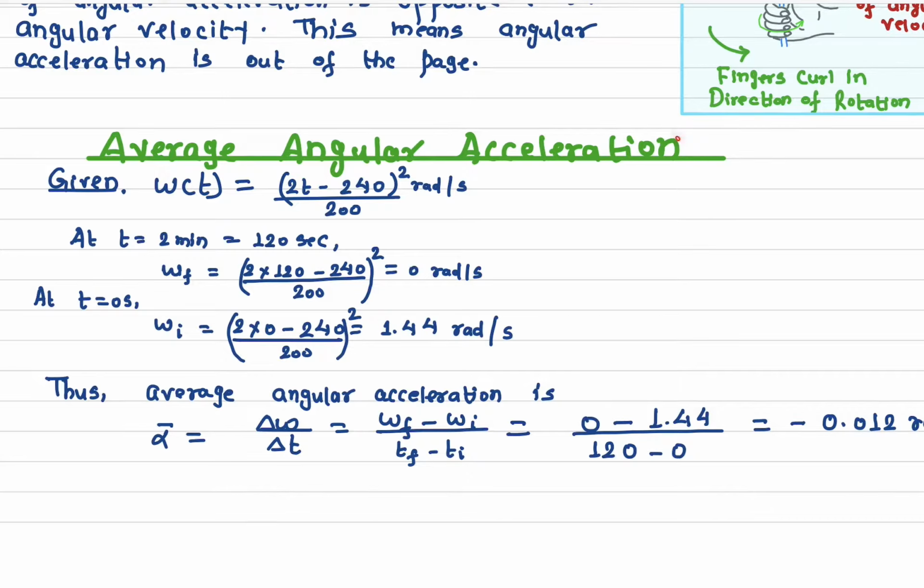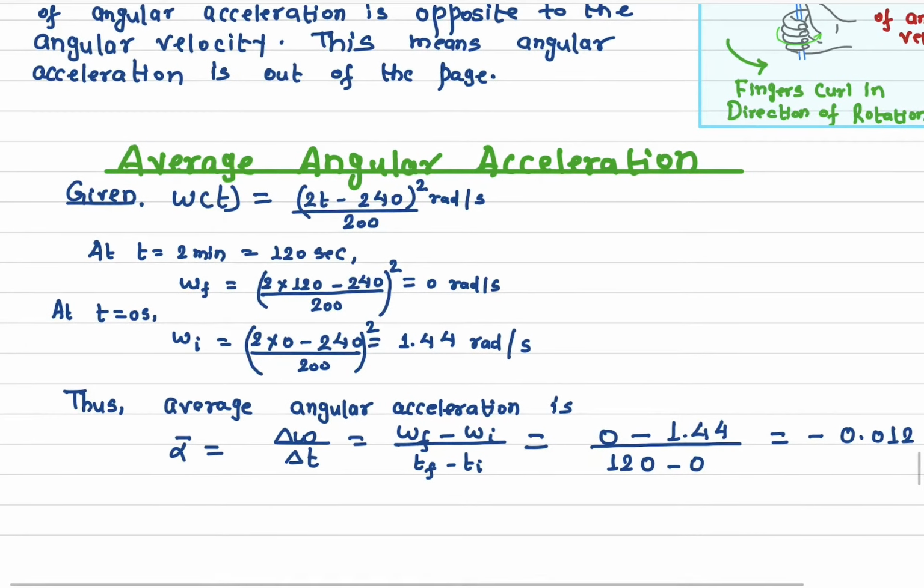In order to calculate average angular acceleration, you need to know the final angular speed and the initial angular speed. We know the final angular speed because the turbine has come to a full stop, so its final angular speed is 0. Or we can also plug in the time and see it is 0.